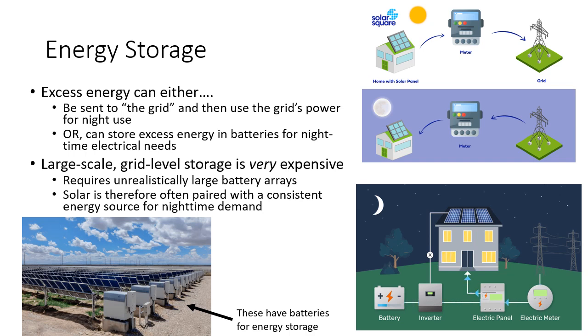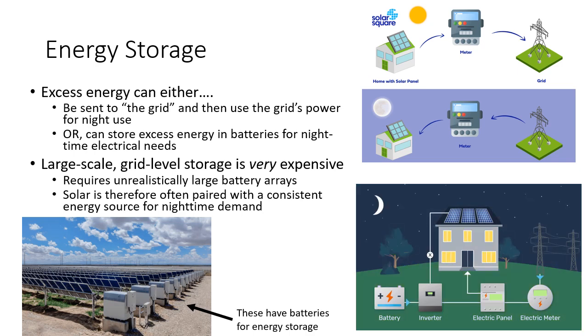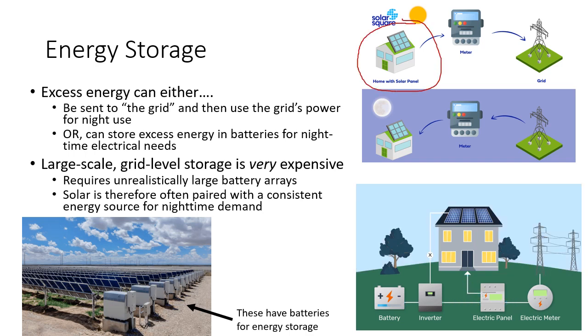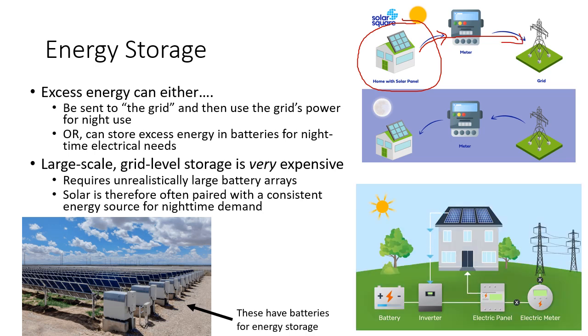So let's say that you have solar panels on your house. Your meter might run backwards, depending on the power company that you have. During the daytime, this home with a solar panel is going to generate more electricity than the home needs, so it's going to send energy into the grid so that that energy could be used throughout all of the other homes and businesses on the grid.